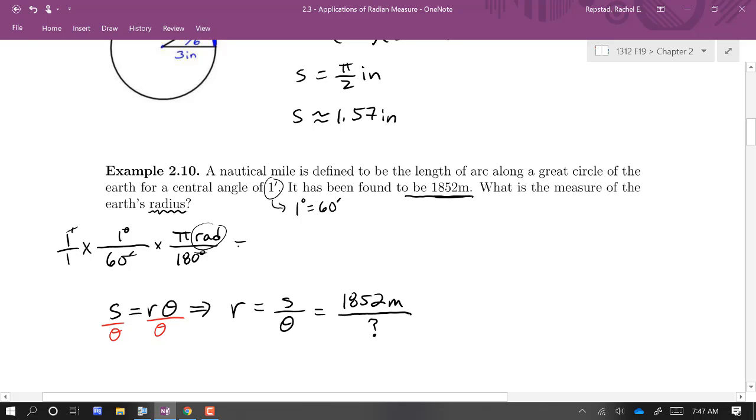We're left with radians, and we have pi over 60 times 180, which is 10,800. So that's what goes here.